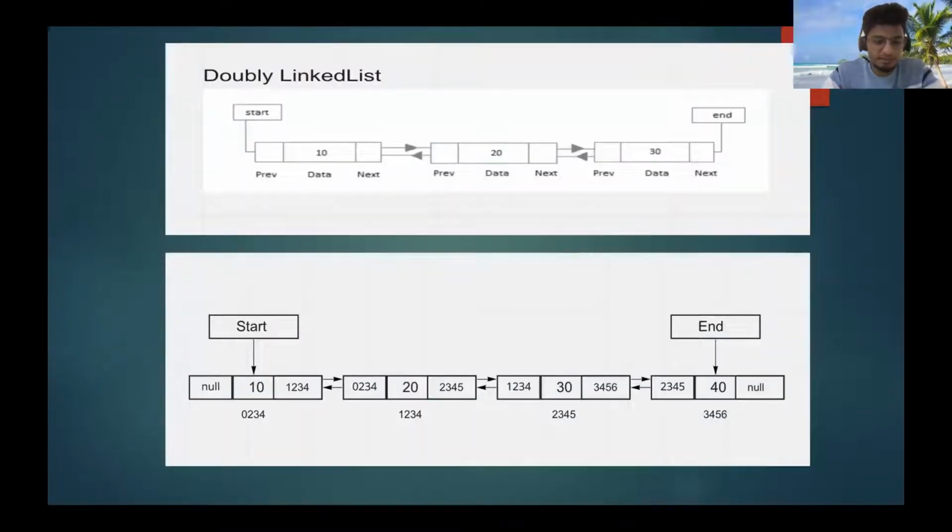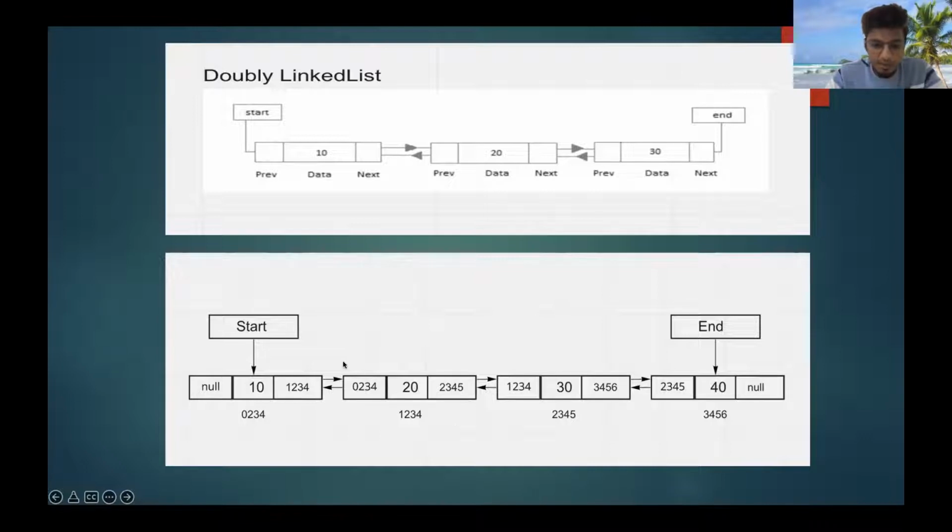Next one is your doubly linked list. In doubly linked list, a node will have three segments. One is your data, and the next two segments are your pointers to the previous node and to the next node. In this example, you have 20. 20 has a previous pointer which points to the previous node 10, and it has the next pointer which points to the next node 30.